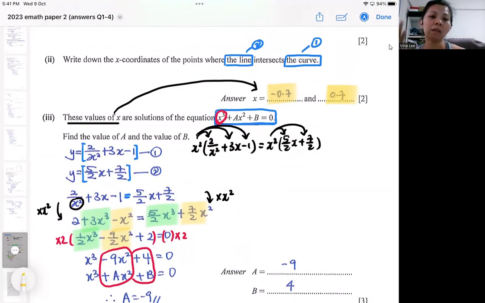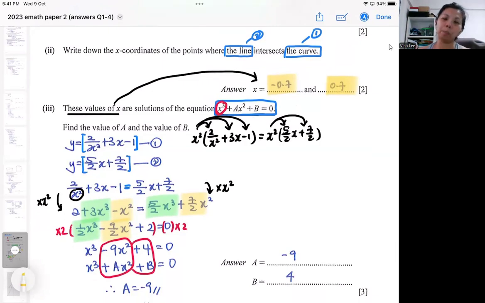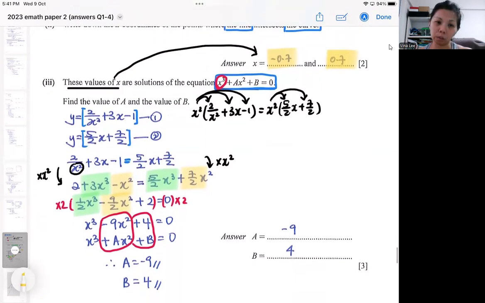And intersection leads you to the idea of simultaneous. That's why we need to do simultaneous between the line and the curve. And the simultaneous is such that it will lead you to the format of the equation that we want. It's a very important thing and it always appears for O-level for graphical solution. The concept of simultaneous.